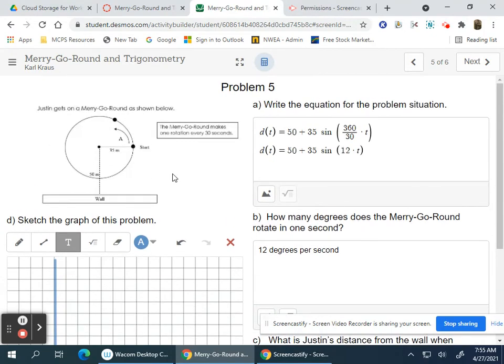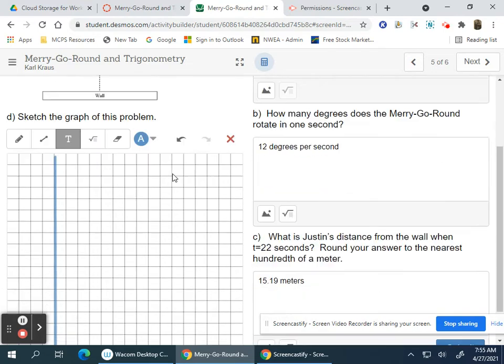And the height, the minimum is 15 and the maximum 85.